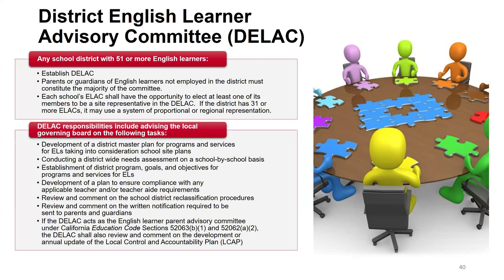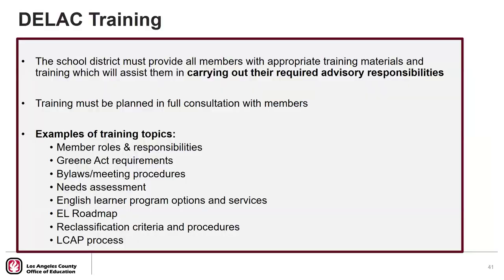And also, if the DLAC serves a dual role and serves as the EL PAC for the purposes of the LCAP, the committee must also carry out those responsibilities, and we'll talk about that a little later. Next slide, please.